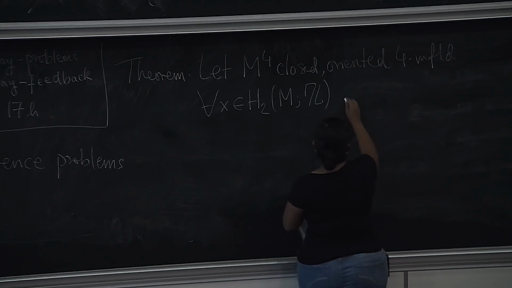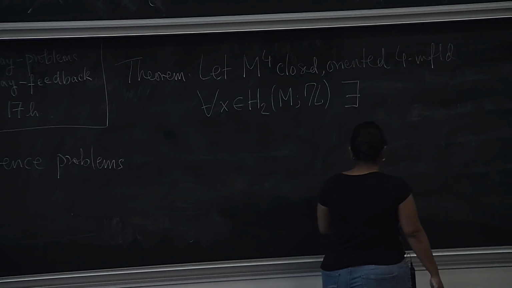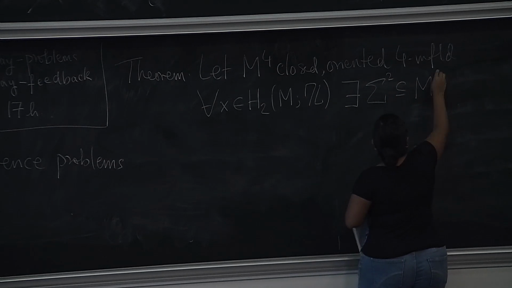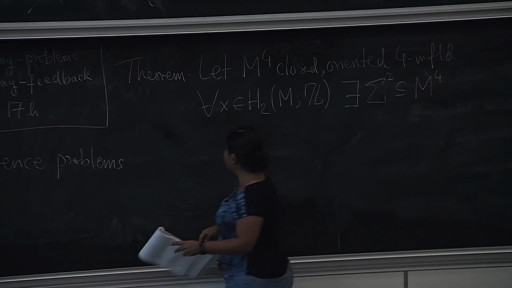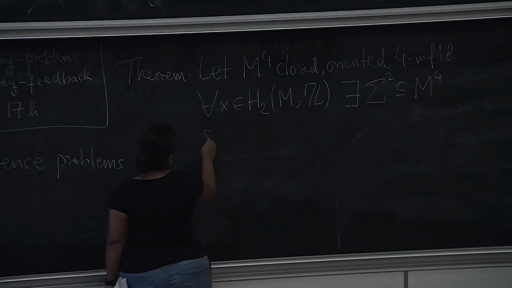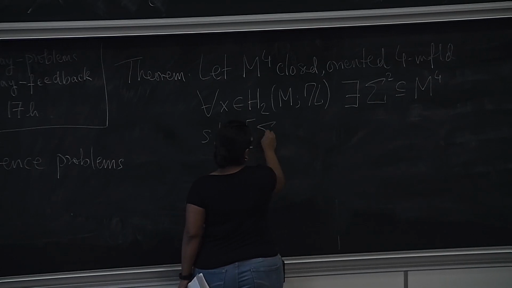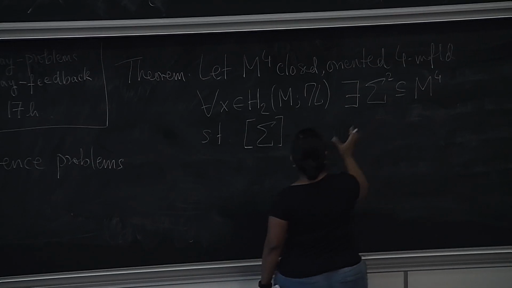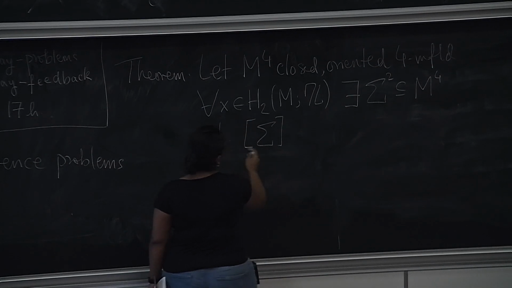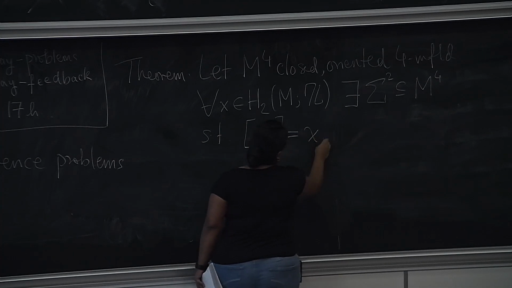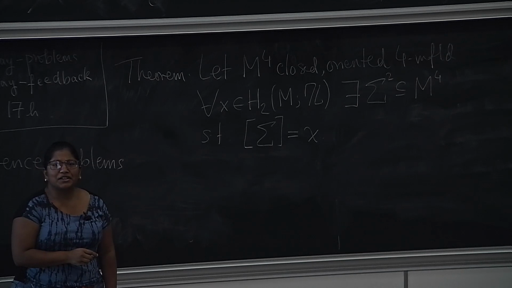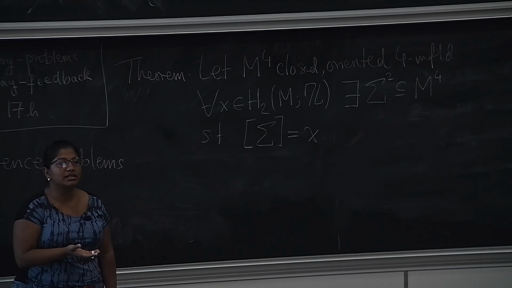So for every x, there exists some Sigma 2 inside of M, a submanifold, such that this surface, this submanifold, if you consider its class, it will be that x that you started off with. So this is the most basic sort of existence question you might ask.